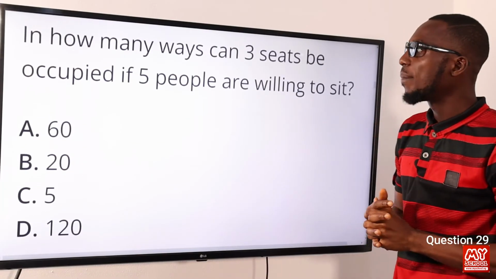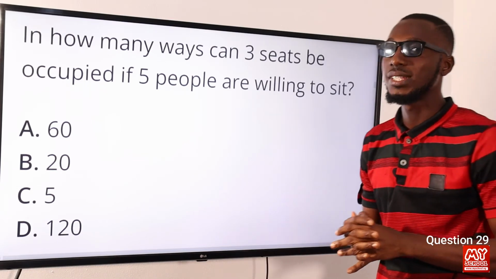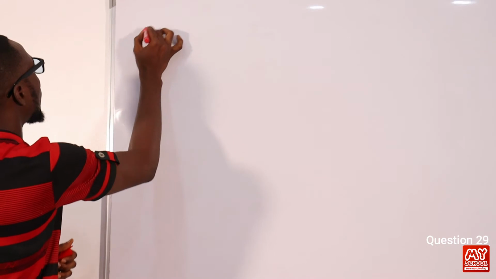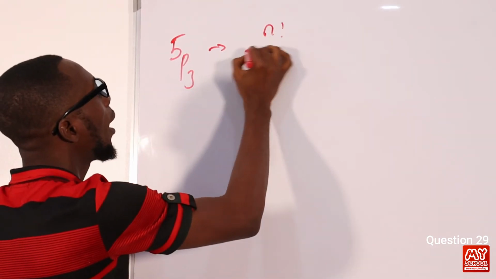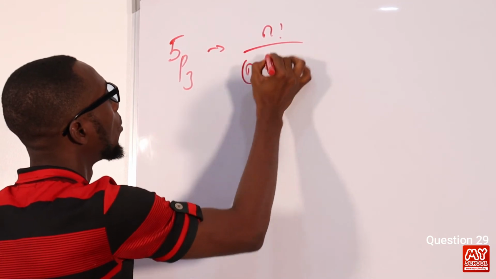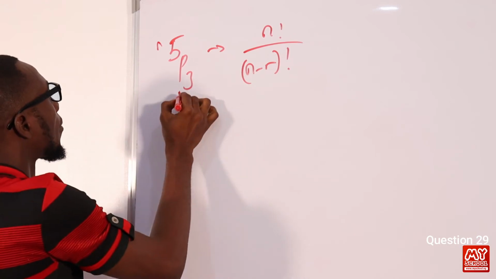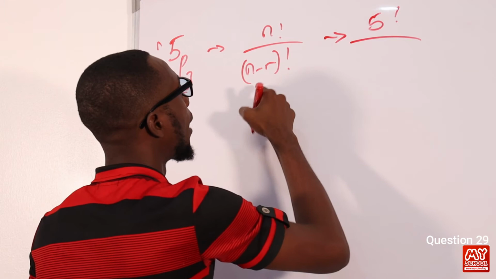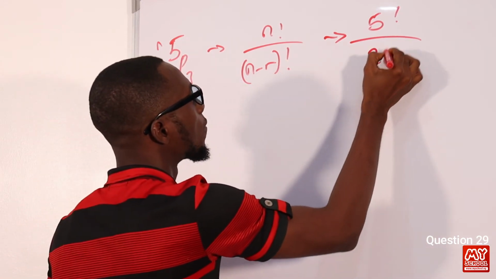29. In how many ways can 3 seats be occupied if 5 people are willing to sit? So I can use permutation for this. So I have 5P3. Remember, for permutation, you have n factorial over n minus r factorial. This is n, this is r. So this is what we're going to have: 5 factorial over 5 minus 3, that is 2 factorial.